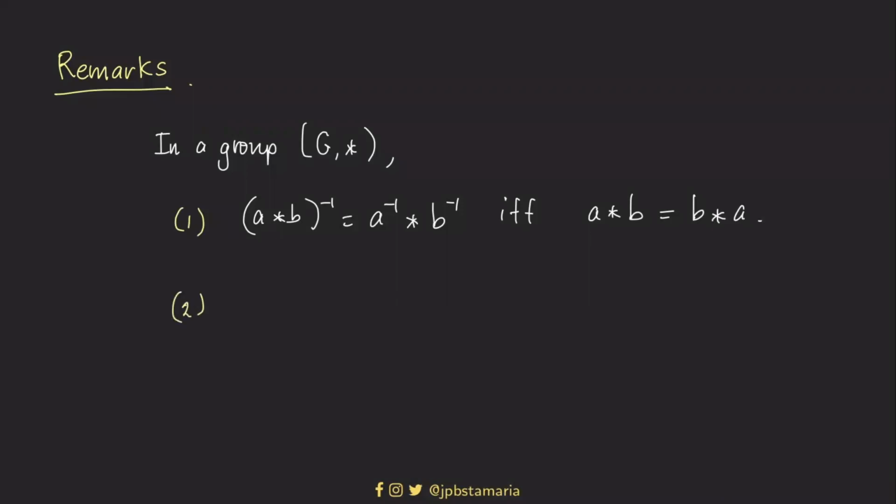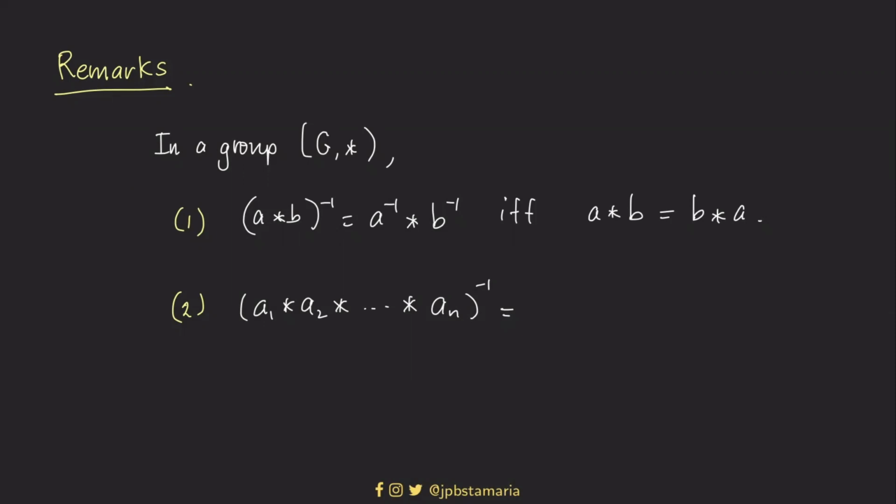Okay? And also in a group, if you have several elements in consideration, say the product of A1 up to AN, say there are n elements, you take the inverse. What do you think is the formula for this?